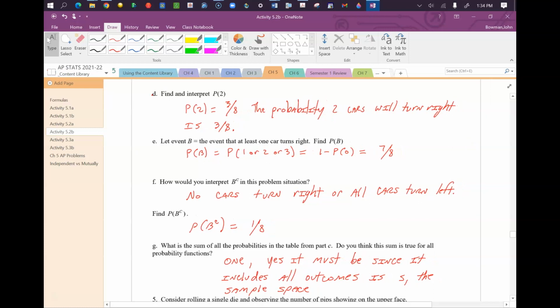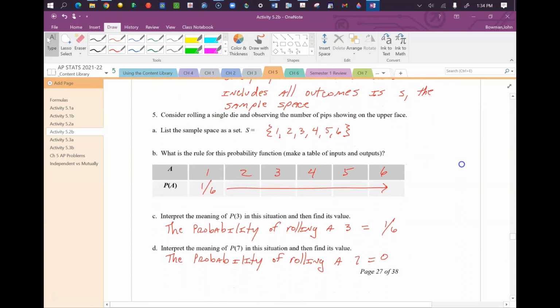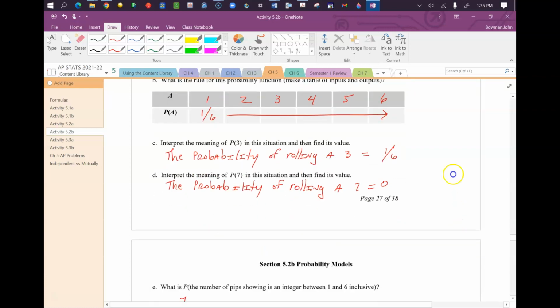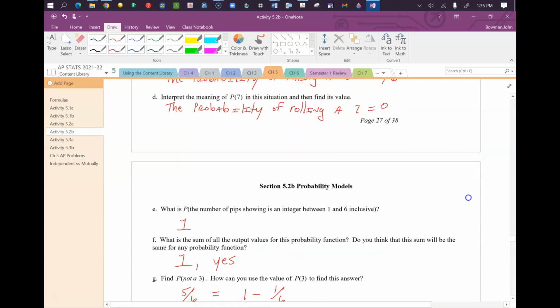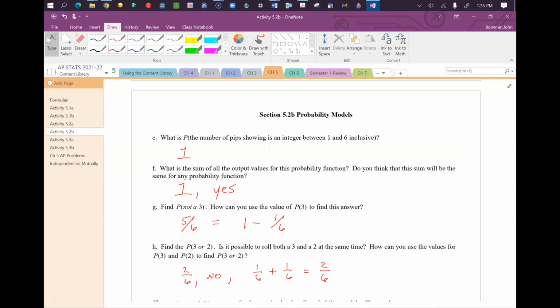You can even pause the video if you need to. If you have questions on any of these, make sure you ask about them. And question number 5, the sample space, the probability function, parts C and D, and E, F, G, and H.